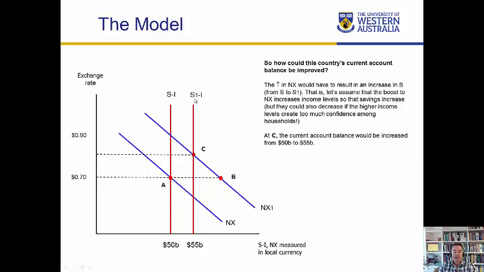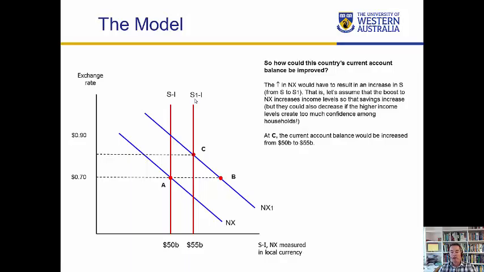Now, because I haven't put a new subscript on the investment variable, the investment variable just has the same value. So really I'm assuming that this increase in net exports of 10 billion has led to an increase in income levels of some unknown amount, but then that has increased savings by 5 billion.